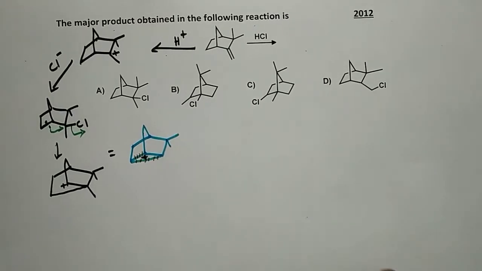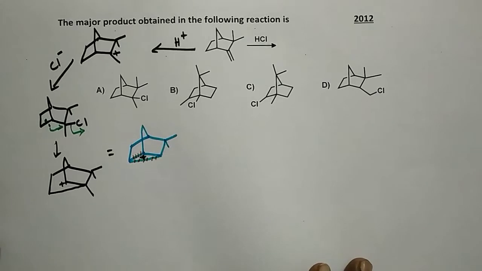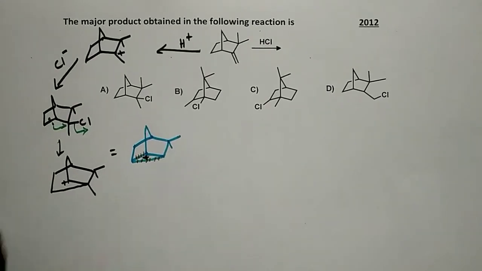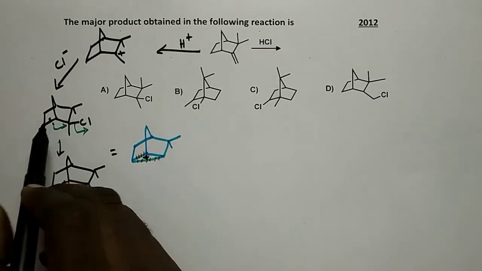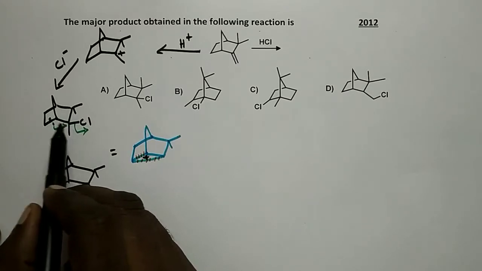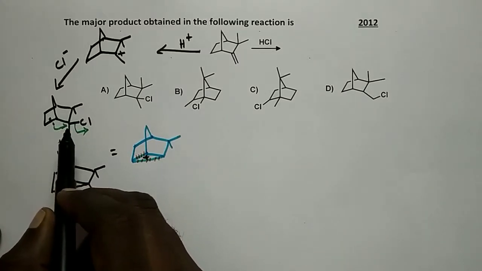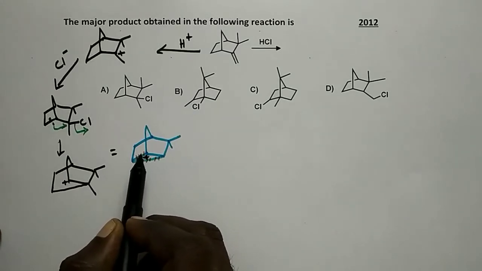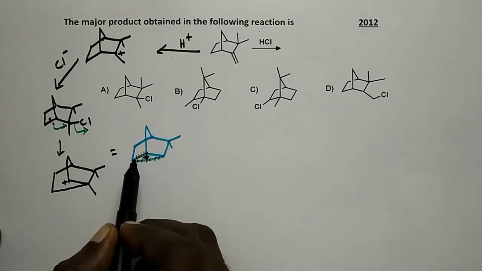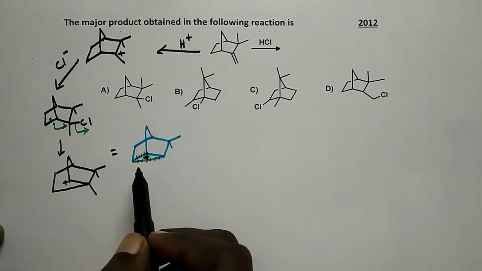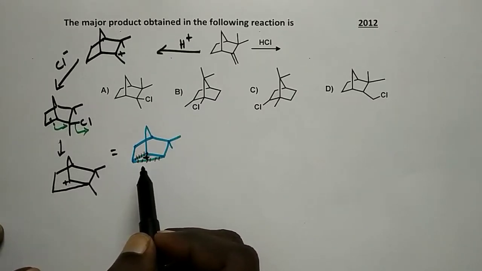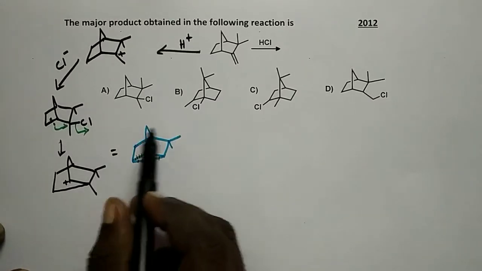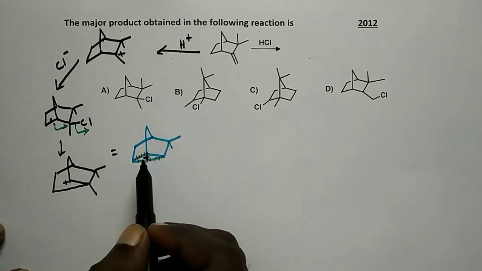So this is called non-classical carbocation. Actually the 2 electrons stabilize this carbocation generated by the departure of chlorine. Overall 2 electrons but 3 carbons, 1, 2, 3. So this is called 2 electron 3 center bond. So this is an example of non-classical carbocation.